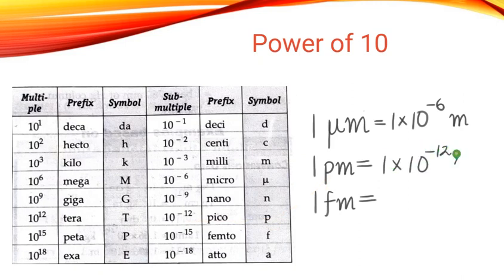Similarly, for 1 femtometer, look at this power of 10 chart, femto, F. F is for femto and it represents 10 to the power minus 15. So this is 1 times 10 to the power minus 15 meters.